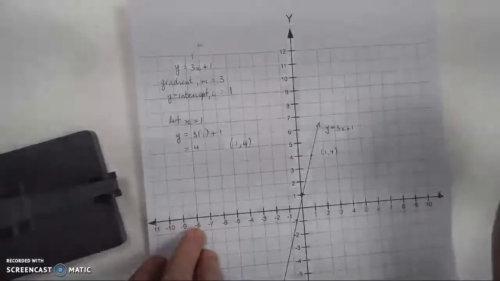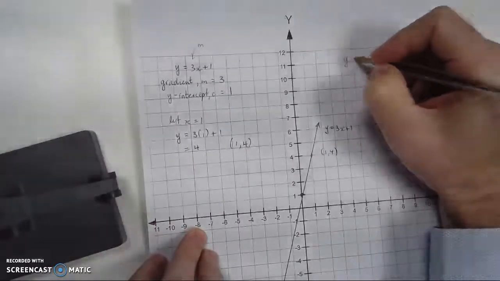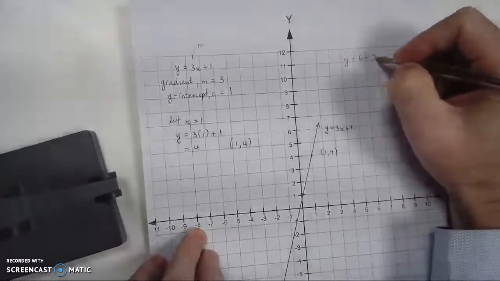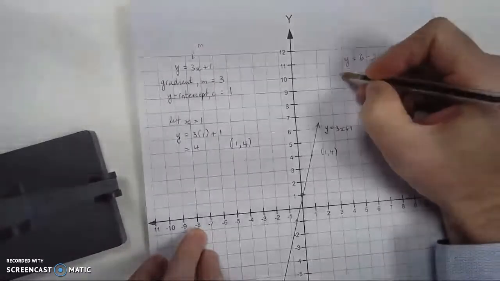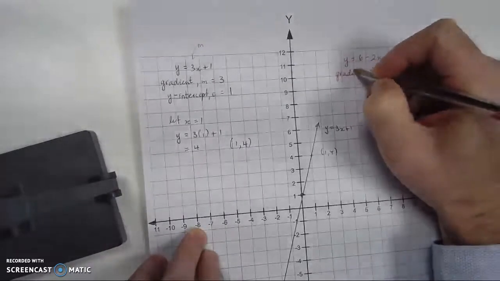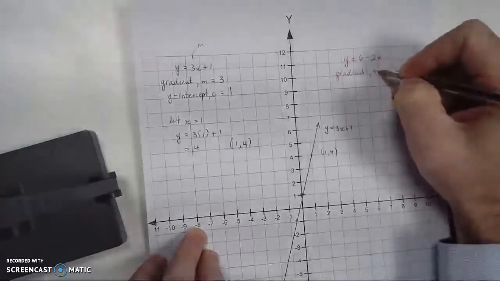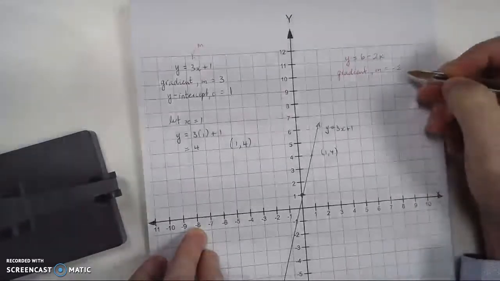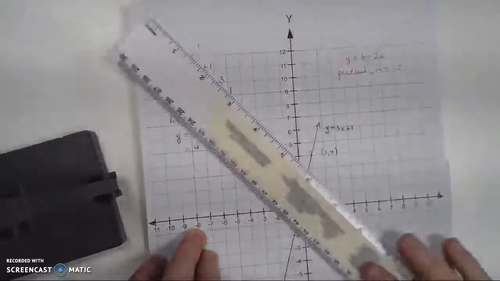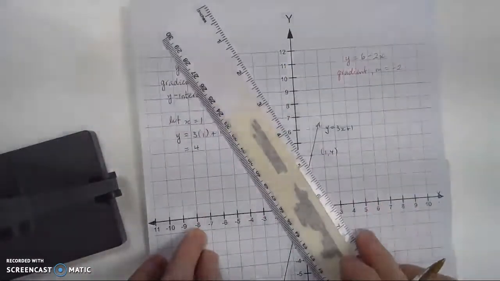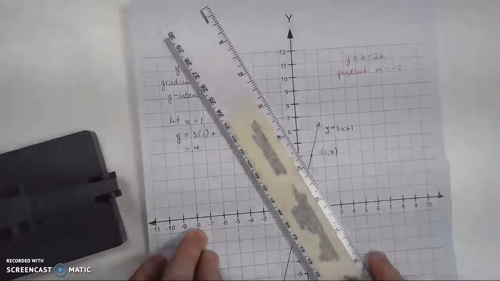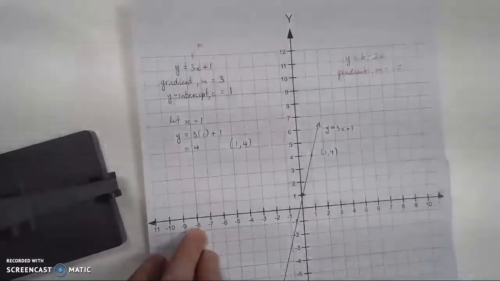Now, I'll do very quickly another one, this time with a negative gradient. So in this instance, gradient is -2. Remember, that means that we're going to have a downhill slope, slightly steeper than a 45-degree line would give us.